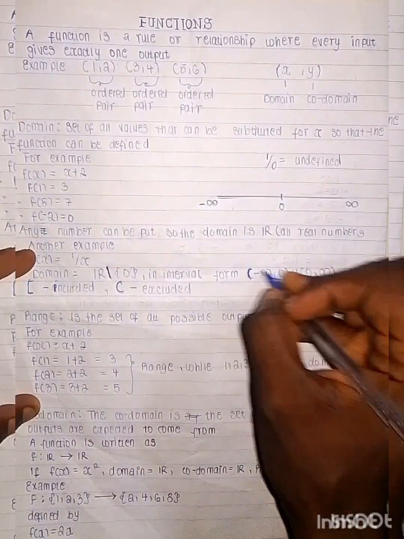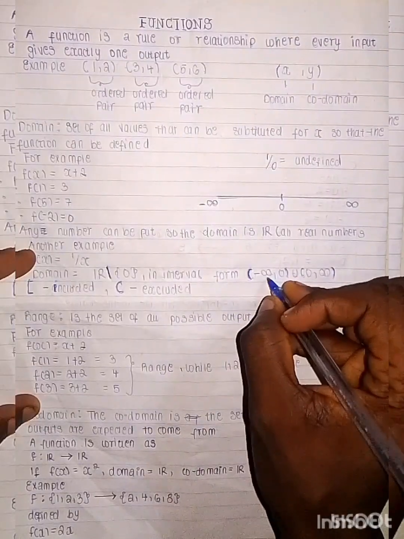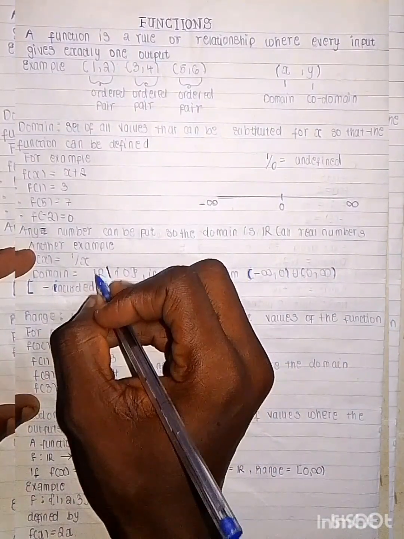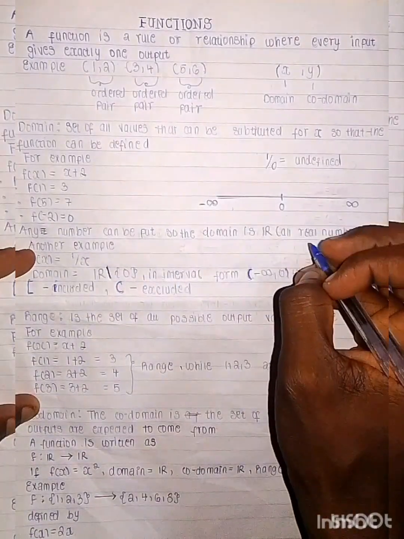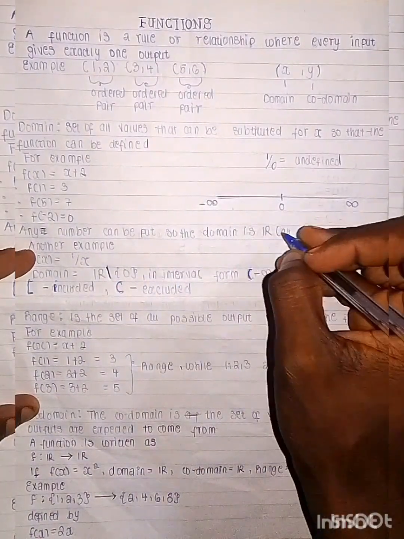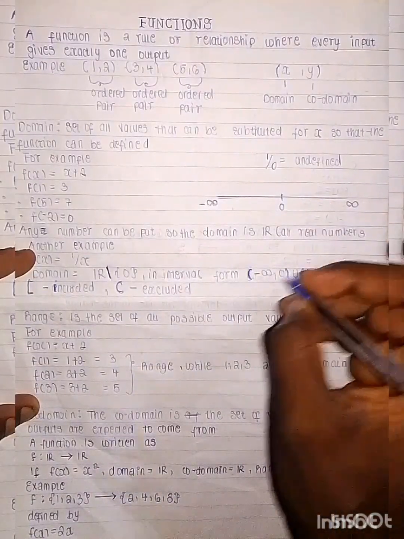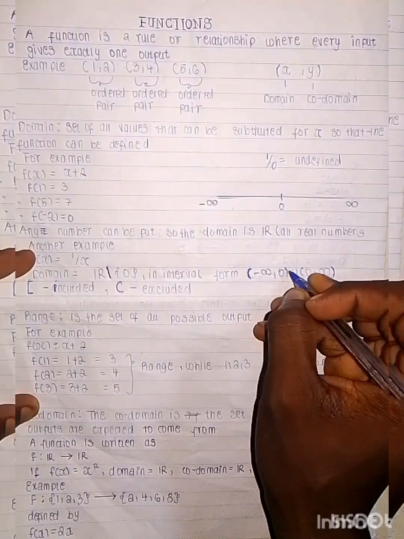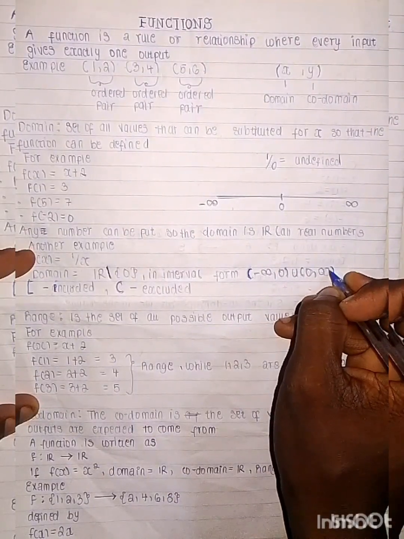Now I want to explain why we are using these two brackets, to determine the domain of this function. Now we said all real numbers except 0. Now this is 0. Since 0 is not included but excluded, we now say minus infinity, comma 0, union 0, comma infinity.